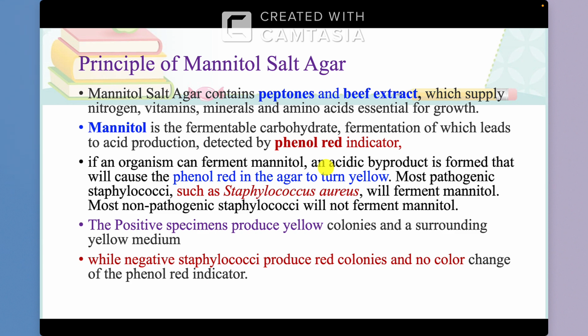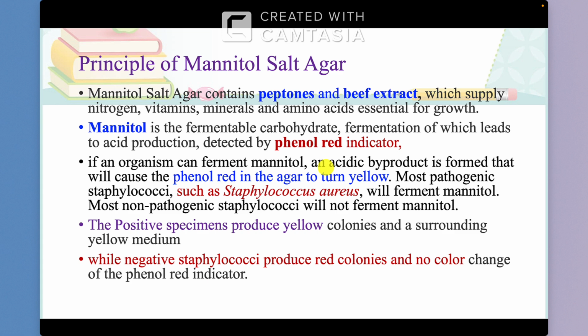Most pathogenic Staphylococcus, such as Staphylococcus aureus, 99% are positive, in general, of course. They will ferment mannitol and give the positive reaction. The other Staphylococcus can grow in the media but cannot do this reaction, so will not turn the color, and just grow in this selective media.